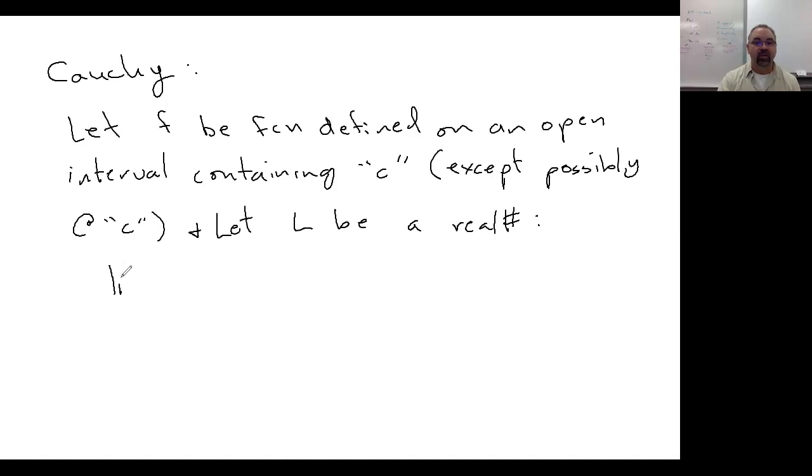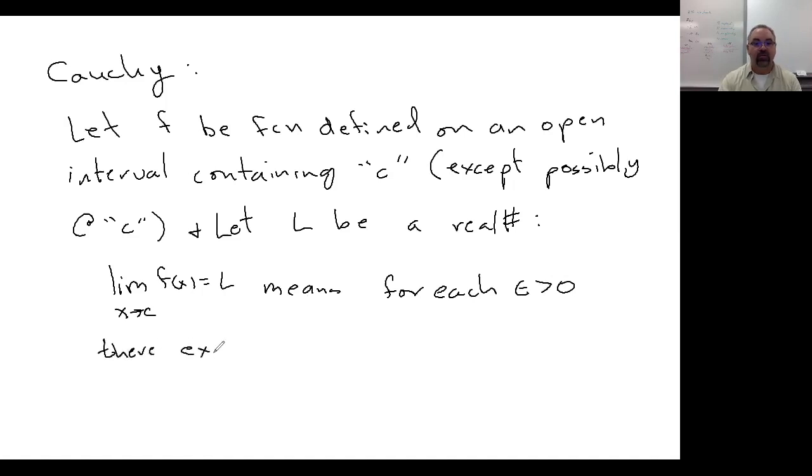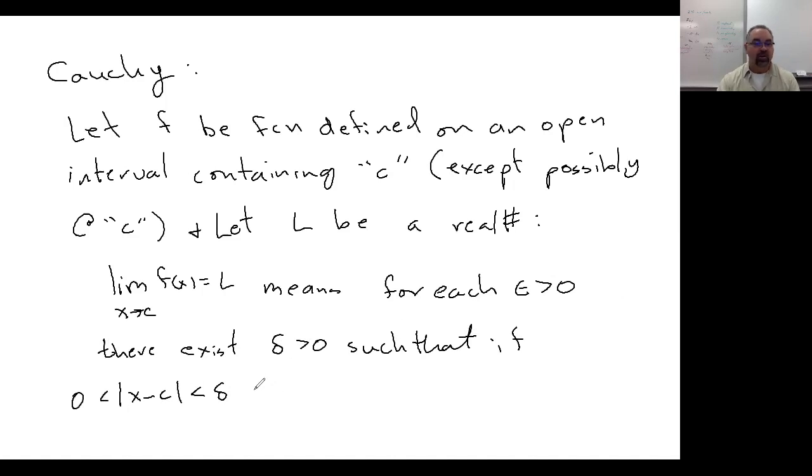Then he says the limit as x approaches C of f of x equals L means for each epsilon greater than 0, there exists delta greater than 0 such that if the absolute value of x minus C is between 0 and delta, then the absolute value of f of x minus L is less than epsilon.